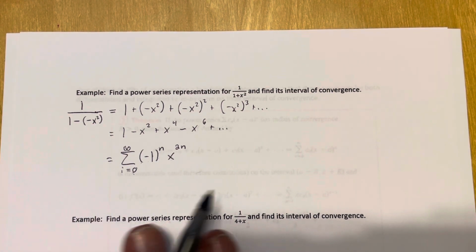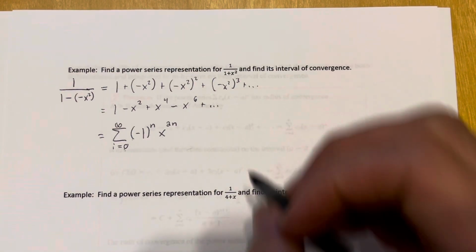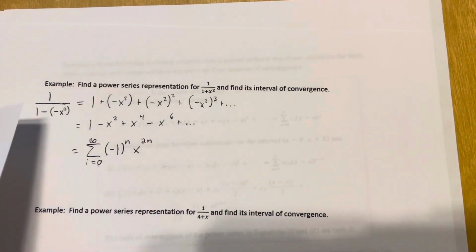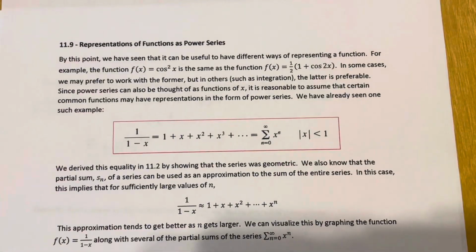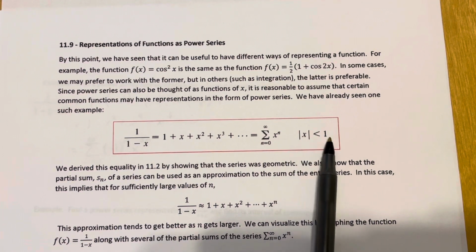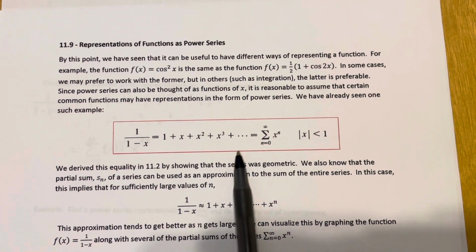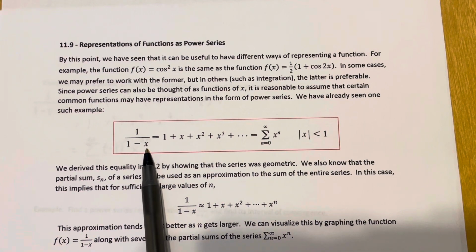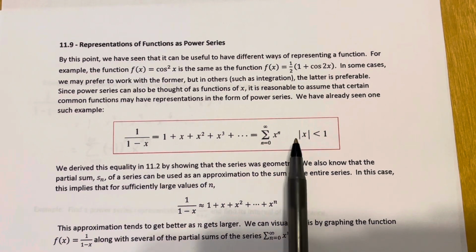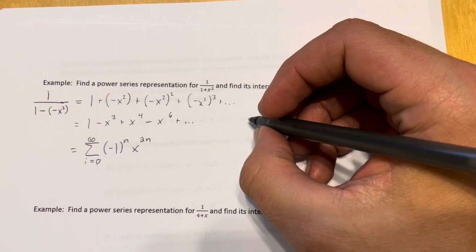Now we're not done, because with a power series, you need to come up with an interval of convergence. And remember, going back to here again, this power series only converges when the absolute value of x is less than 1. We came up with the power series on the following page by substituting negative x squared in for that x right there. So I would do the same. I would substitute it in for that x in the inequality, and let's see what that gets me.